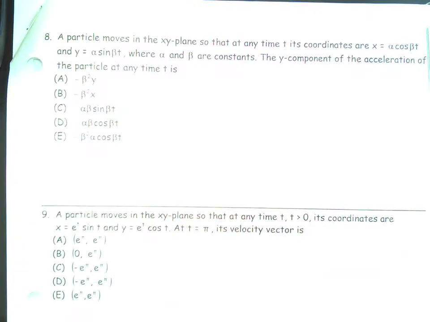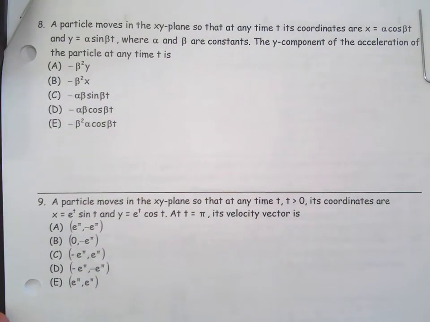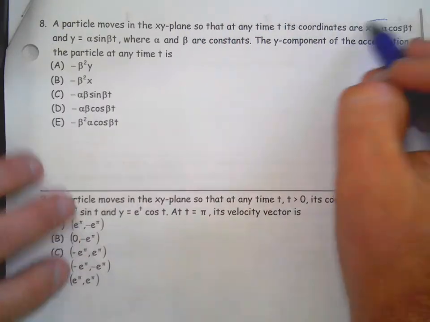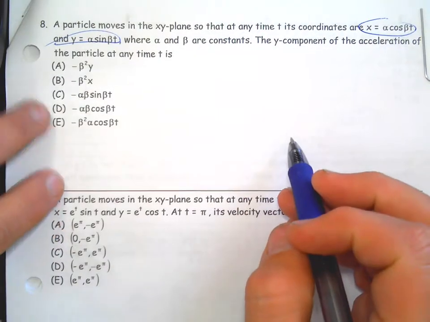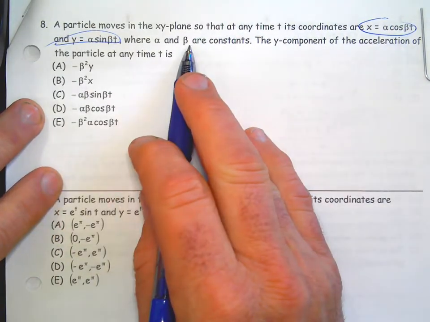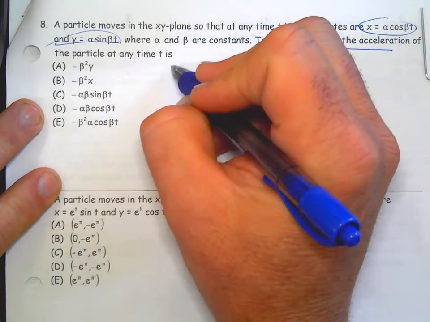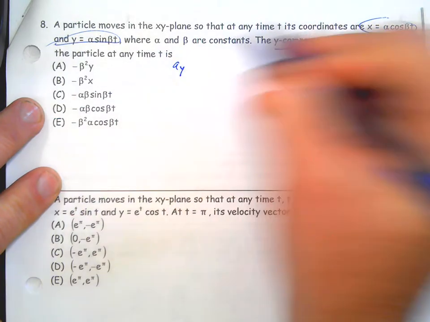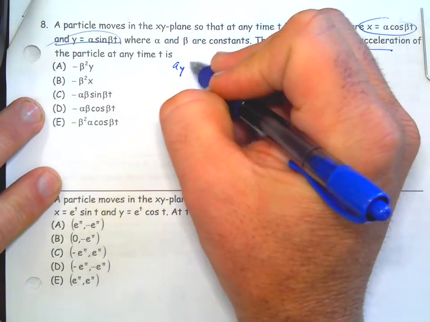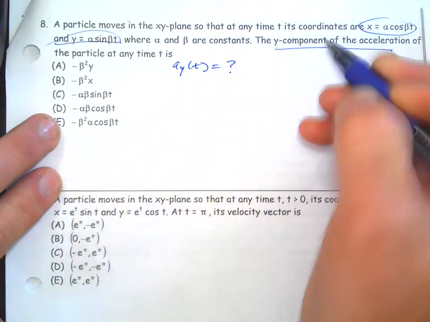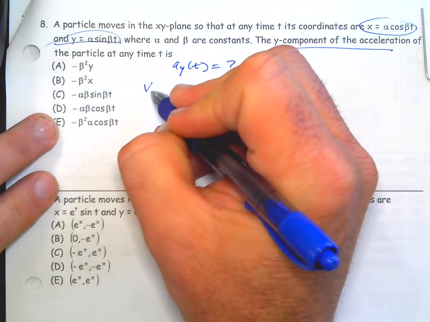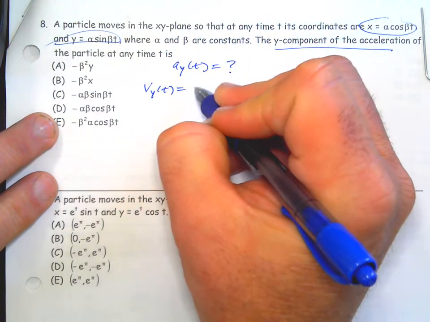Okay, number 8. A particle moves in the xy plane. So given a more generic x position, alpha and beta are constants. The y component of the acceleration is, they just want the y component of the acceleration. So you just want a_y at any time. Okay, well, let's find v_y, which is y prime.